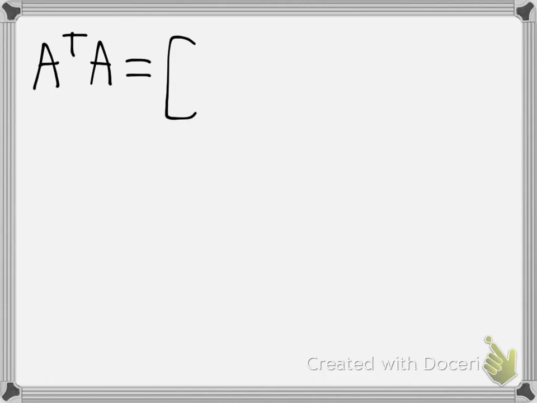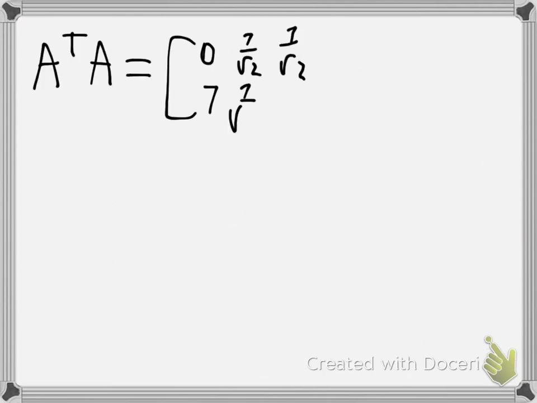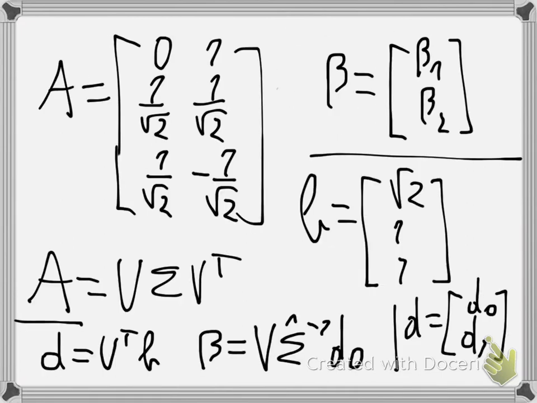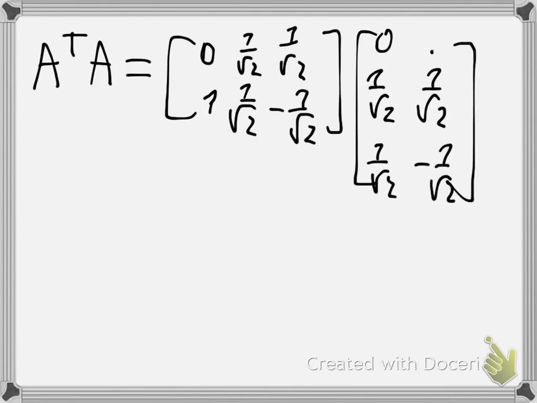So it will be 0, 1, times 0, 1, so you should get that.